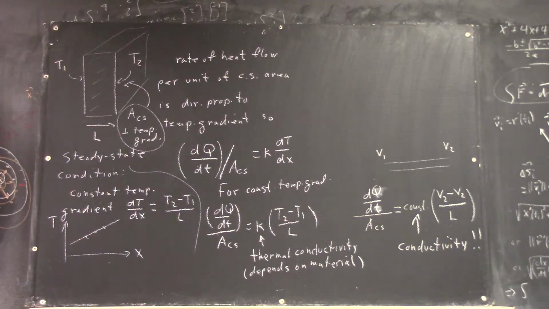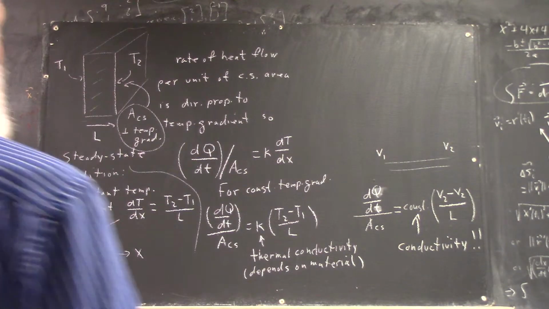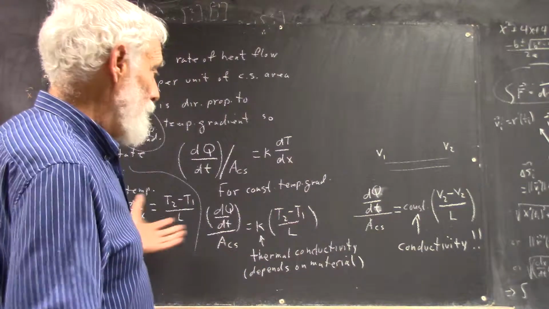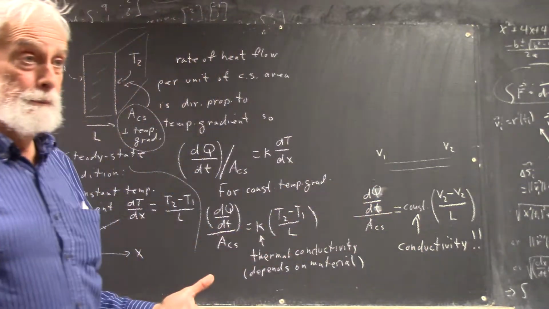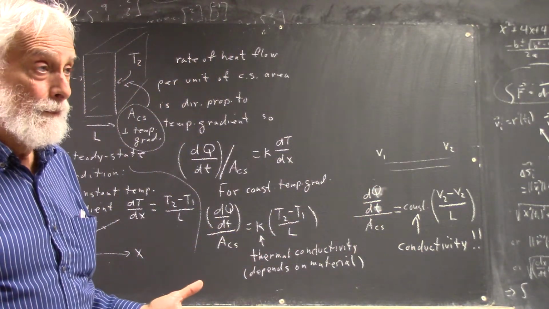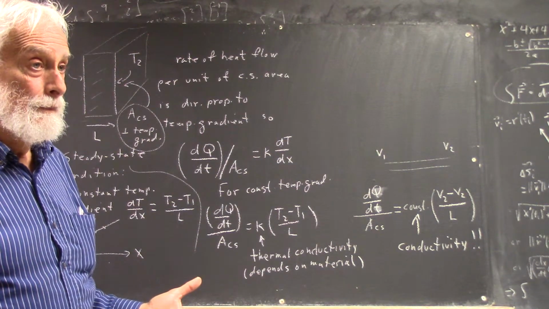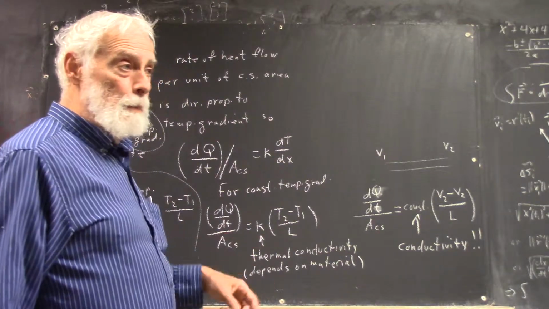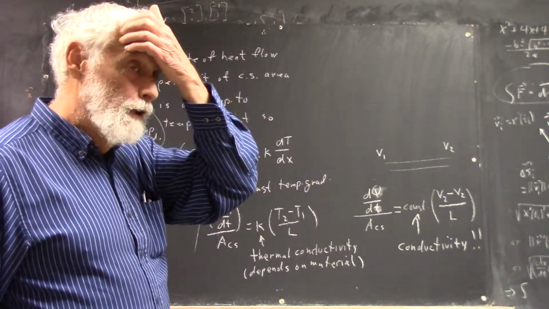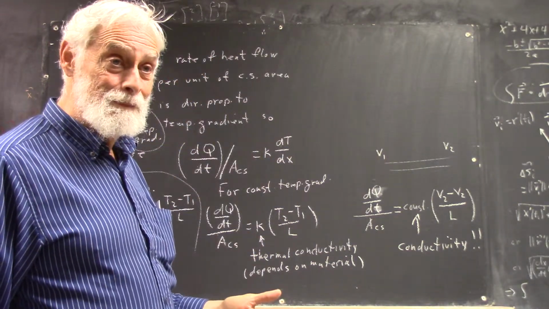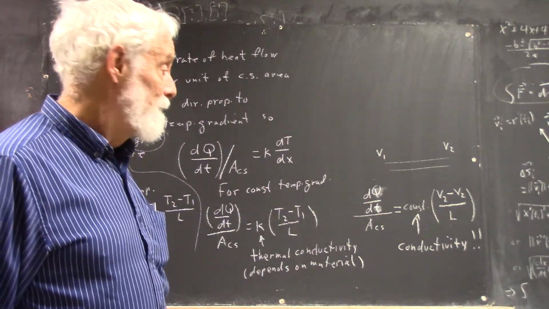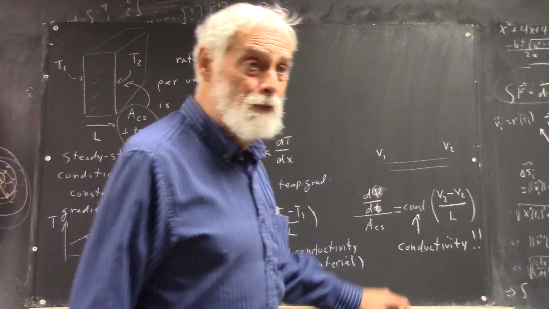Does that make sense? You want to think of this analogy, because it helps you understand heat flow, but the mathematics is identical. So when you look at a problem in a chapter on heat flow, you already know what to do in terms of what you know from circuitry.